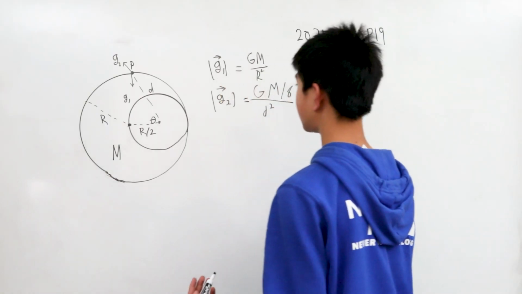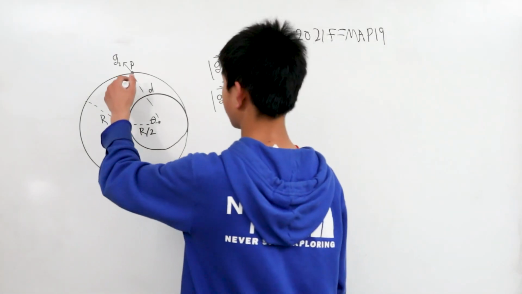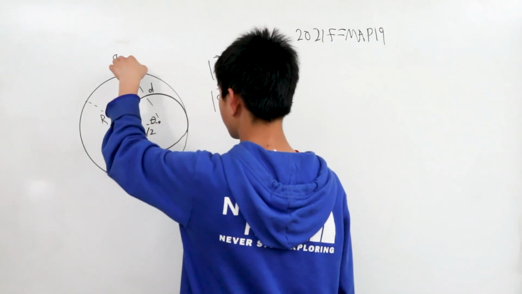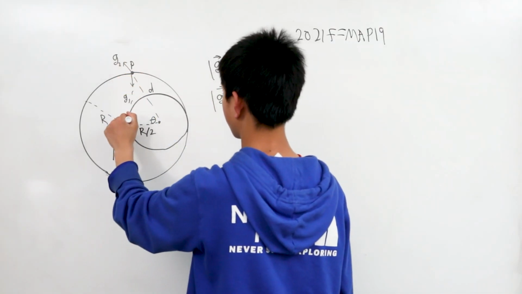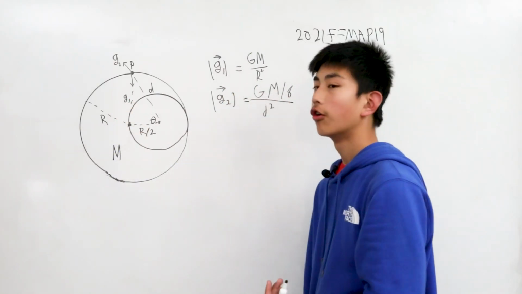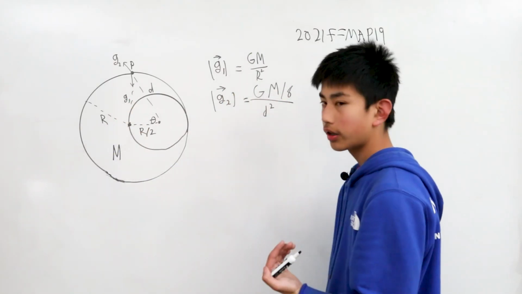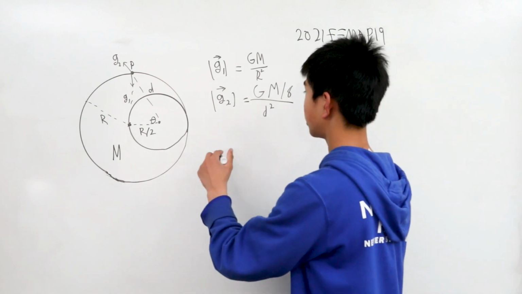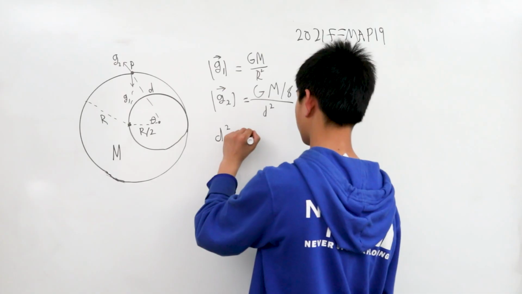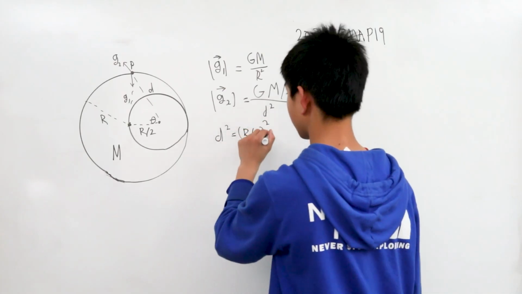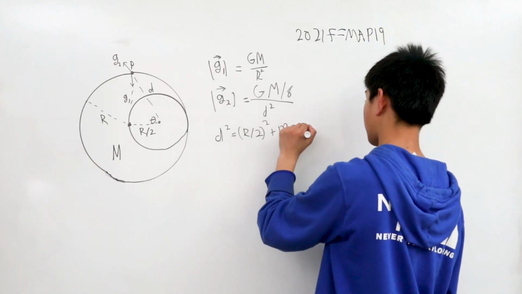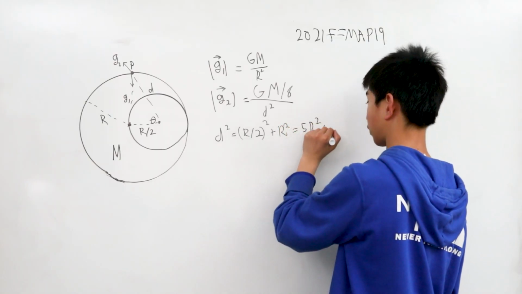So what we see is that if you just draw this line down, point P is going to line up with this point right here, the center of the entire thing, forming a right triangle. We can then use the Pythagorean theorem to denote that d squared, the hypotenuse, is equal to r over 2 squared plus r squared, or 5r squared over 4.